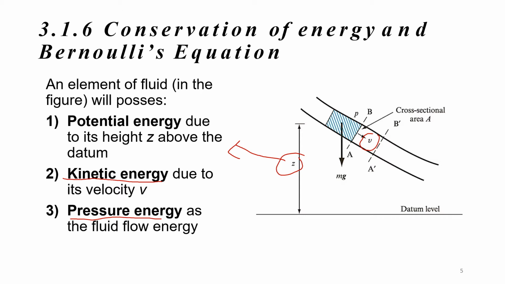And other properties that are involved in the elements of fluid here, we have mg, which is actually weight, and then we also have the cross-section area, A, and A upper, which is the change of area.